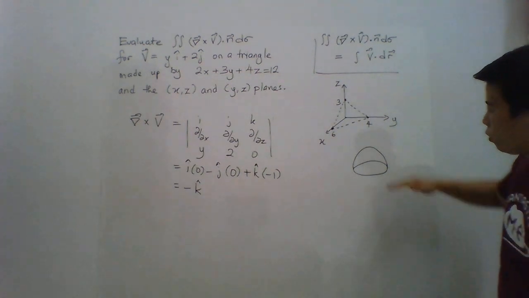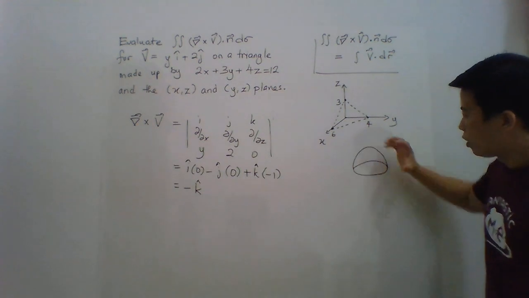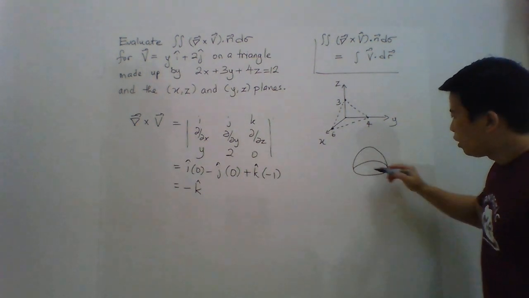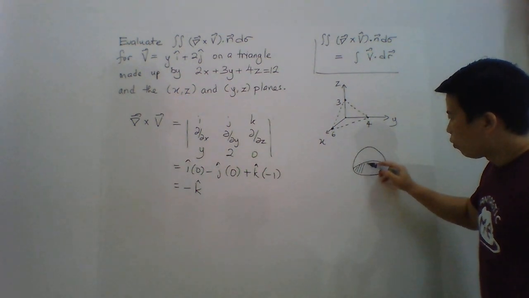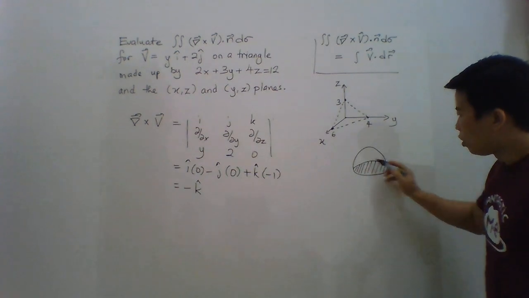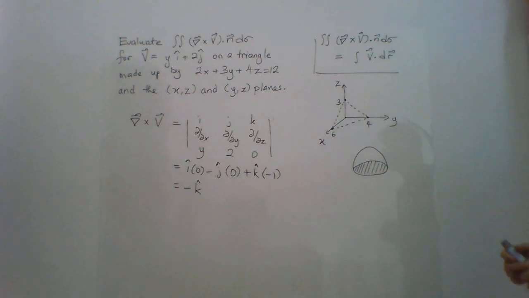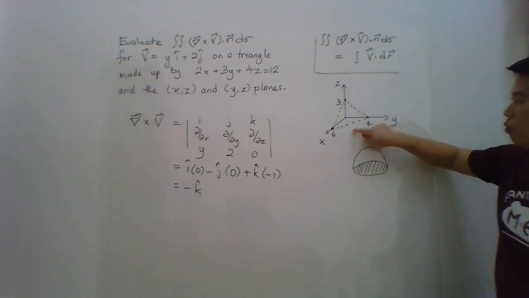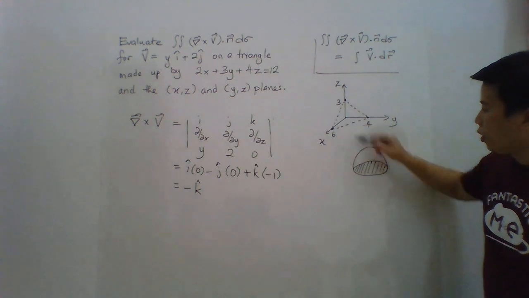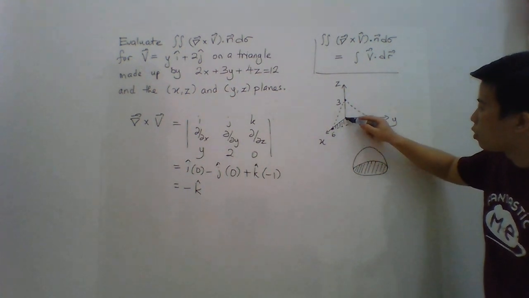In order to evaluate the curl of the vector along this surface, you can also do it by evaluating the one on the surface that bounds this whole hemisphere. So we are going to apply the same concept over here. In this case, my area that I'm interested in is basically this one.